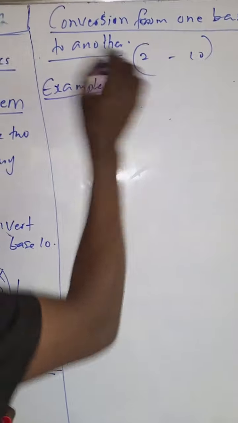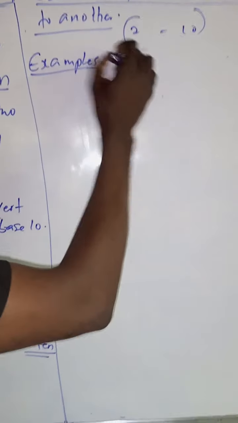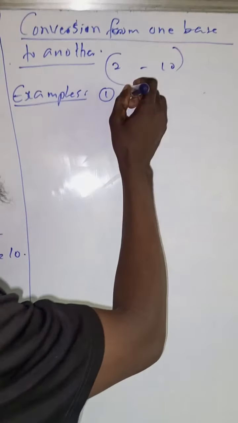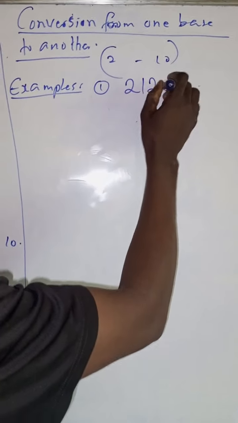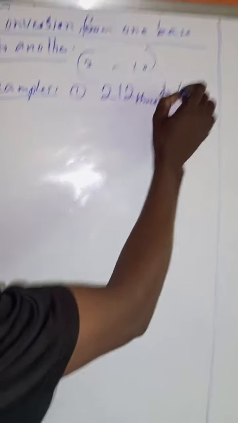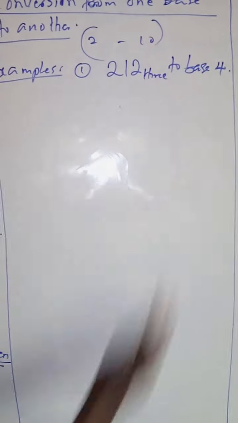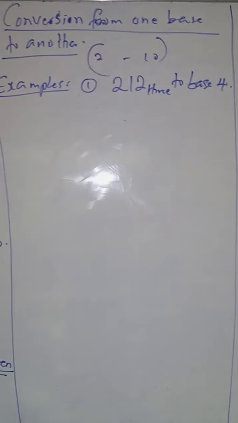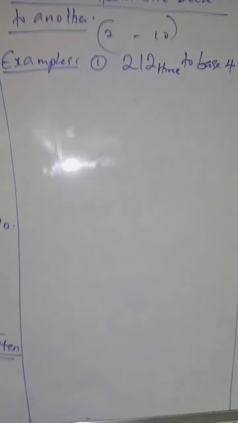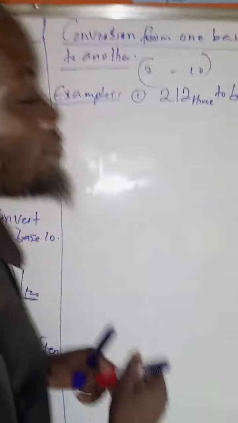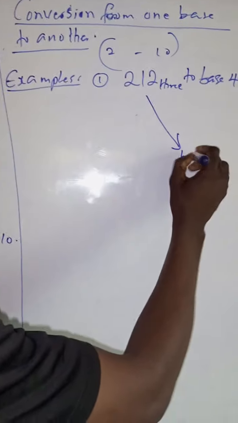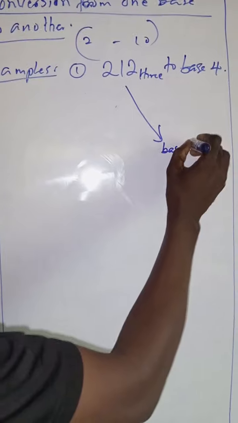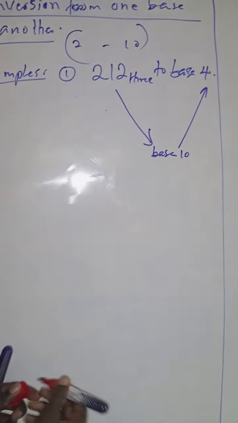Let's pay attention. Example: I'm given 212 base 3 to base 4. Now, there are two different bases. So the method that I normally employ is to come to base 10 first, then from base 10, go to base 4.